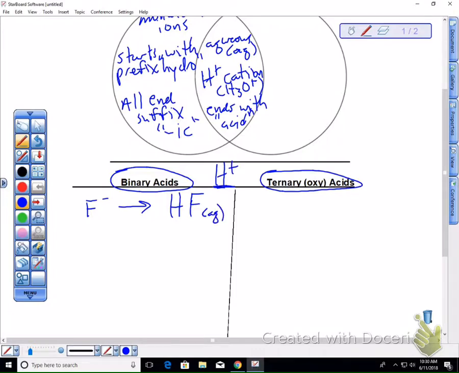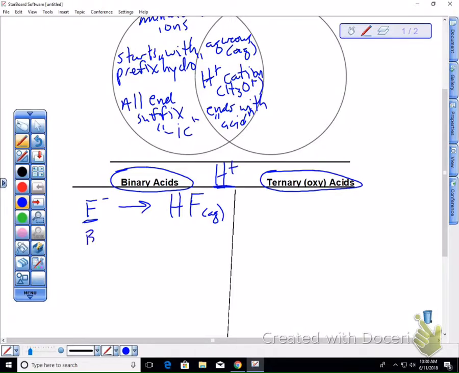And of course, it has to be aqueous. And I would name that hydro and then fluoric. They all have to end in -ic. The fluor comes from the monatomic ion: hydrofluoric.